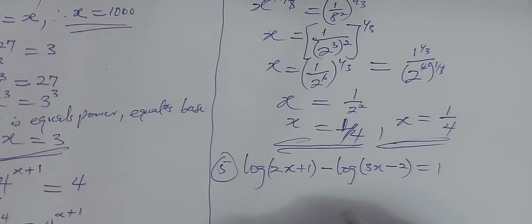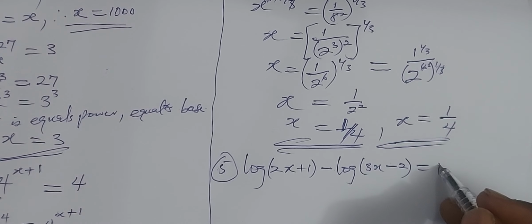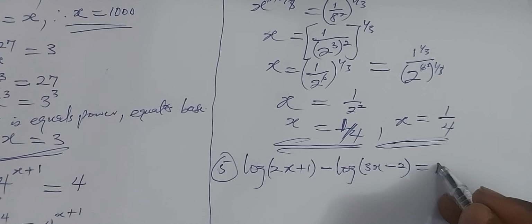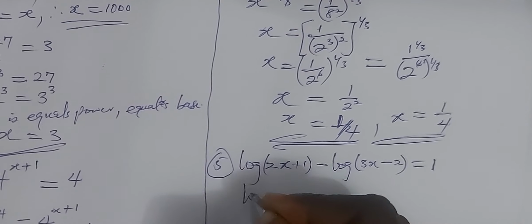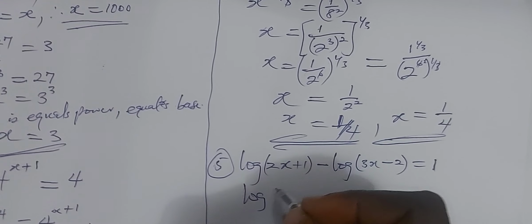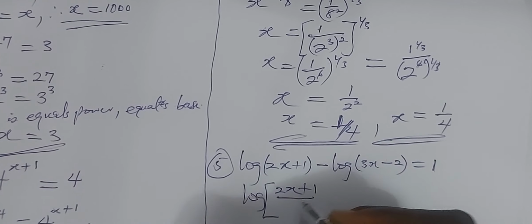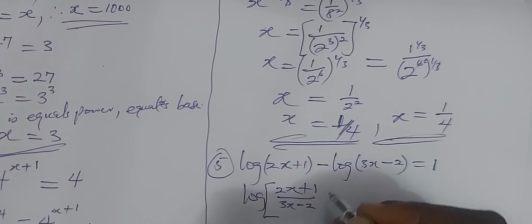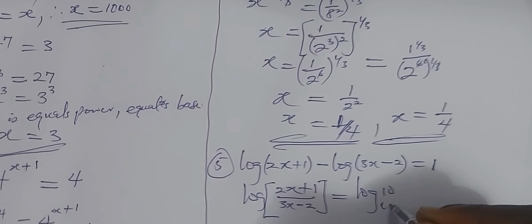Minus changes to division, and this one, because there is no indication of base here, which is assumed to be base 10. So what will you get to get log 10 is 1. So we'll introduce log 10 here. We now have log bracket 2x plus 1 all over 3x minus 2 is equals to log 10, which is 1.